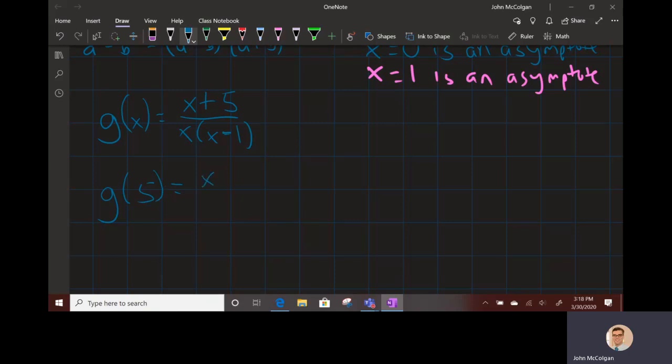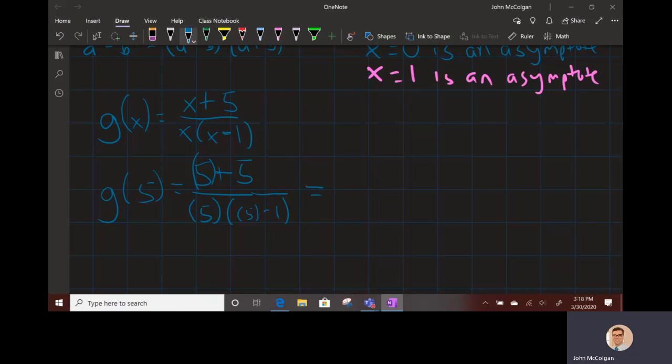g of 5 is equal to x plus, hang on. We know what x is now, right? g of 5 is equal to 5 plus 5 divided by, in the denominator, 5. Here, maybe I should put parentheses on my x's. Times 5 minus 1. Now, order of operations, I have to simplify the numerator first and the denominator.